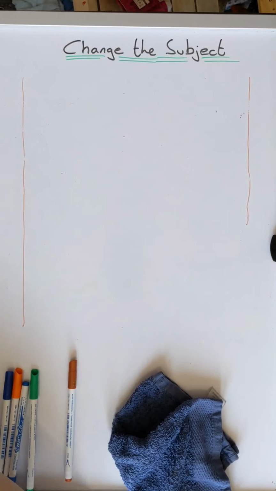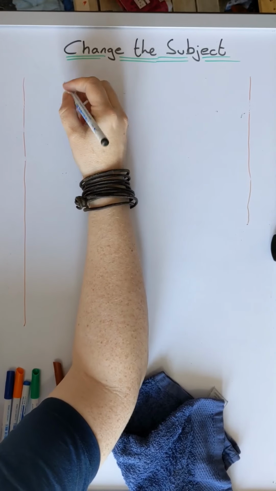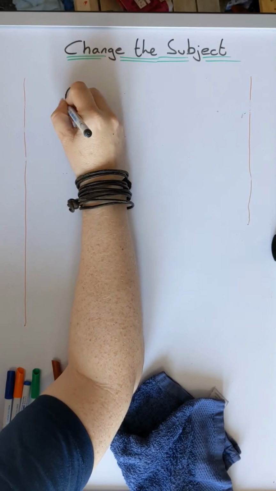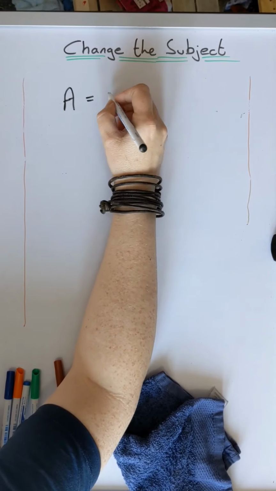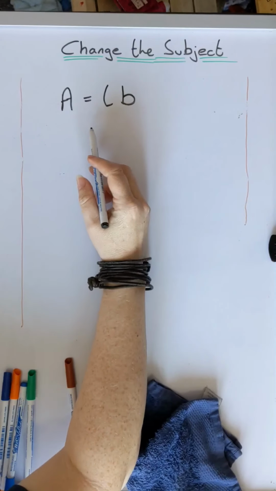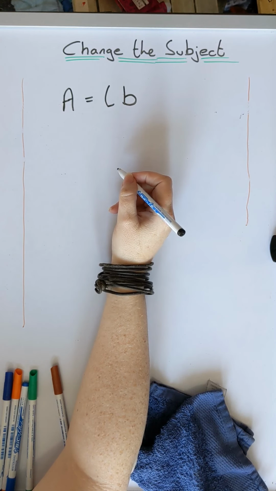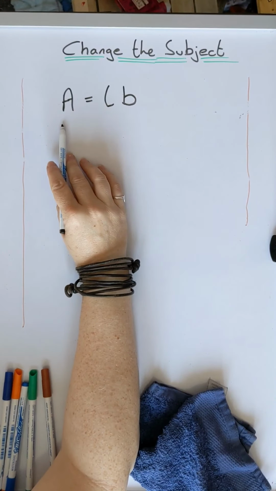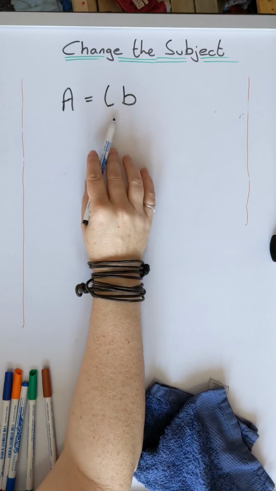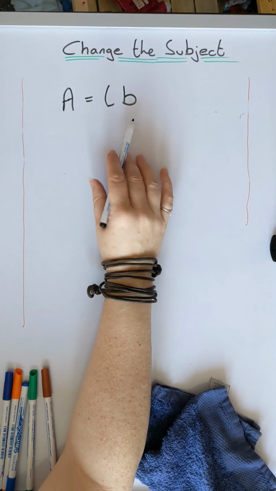Okay. So if we have something a little bit more familiar, if we have A equals LB, this should be a bit familiar to you as the area of a rectangle. So if you're trying to find the area of a rectangle, you need length times breadth. So LB.